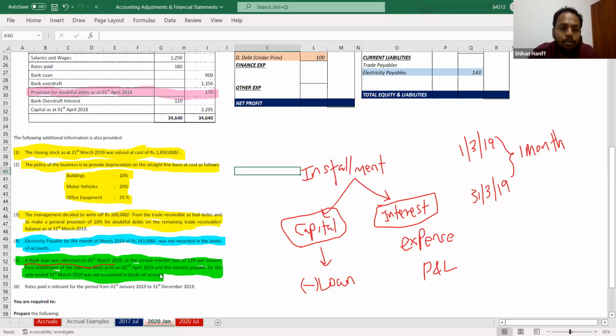The first installment was paid on 2nd of April, so we paid the installment in the next financial year. So for this financial year, the interest is accrued and payable. We need to calculate the interest and record it in the financial statements as interest payable.